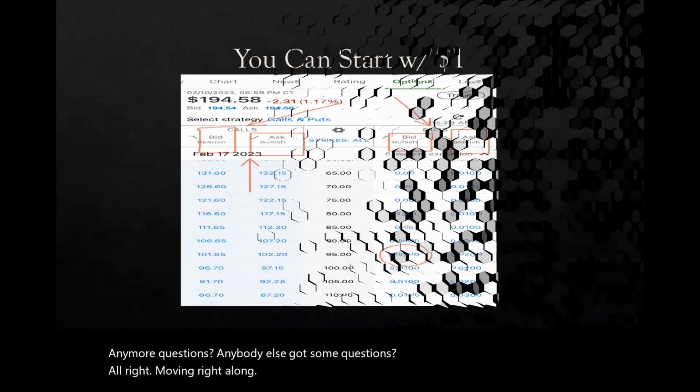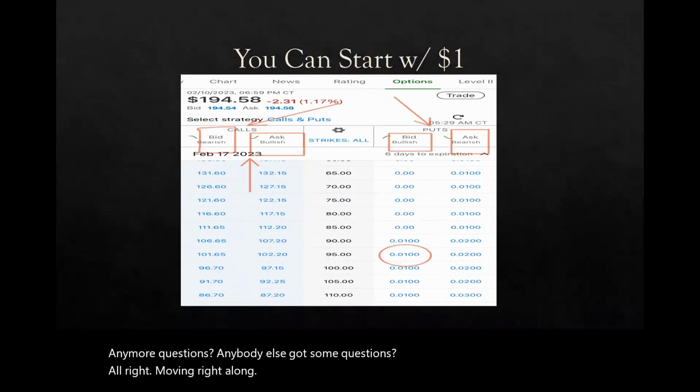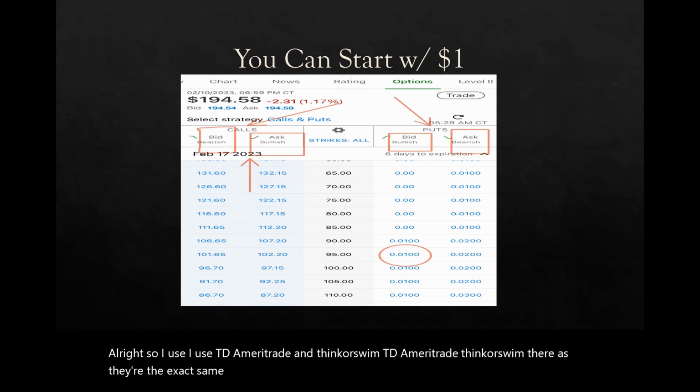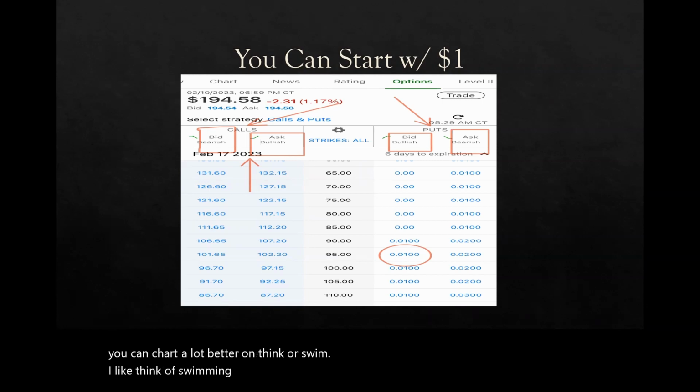So how you go about picking your stock and what platform is the option sold on? All right. So I use TD Ameritrade and Thinkorswim. TD Ameritrade, Thinkorswim, they're the exact same thing. Thinkorswim is a little bit more user friendly. You can chart a lot better on Thinkorswim. When I say Thinkorswim and TD Ameritrade, I'm saying the same thing.